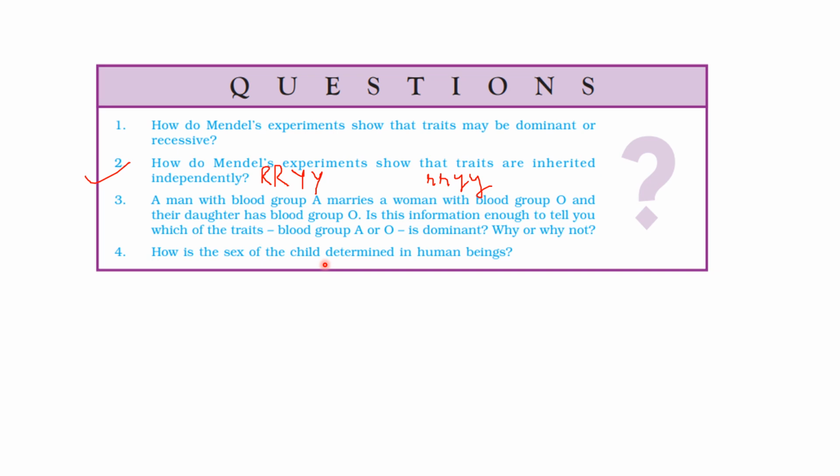Now, fertilization: the female contributes an X chromosome in the egg. Males contribute either an X or a Y chromosome in the sperm. If the sperm carries an X chromosome, the child is female, and if the sperm carries a Y chromosome, the child is male. So the conclusion is that the sperm of the father will determine whether the child will be a male or a female, right?